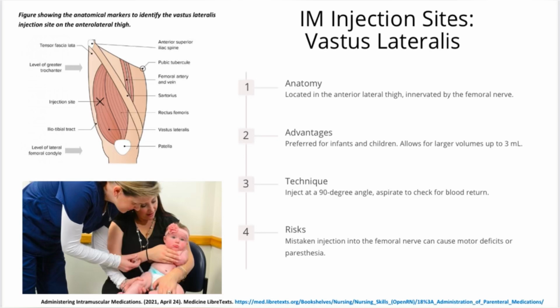Second, advantage: preferred for infants and children, allows for large volume up to 3 ml. Third, technique: inject at a 90-degree angle, aspirate to check for blood, then inject. Fourth, the risk: mistaken injection into the femoral nerve can cause motor deficits or paresthesia.